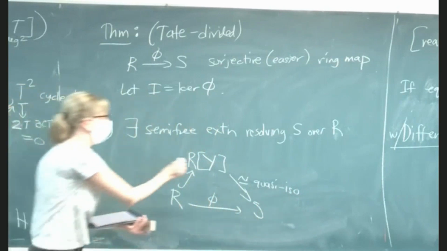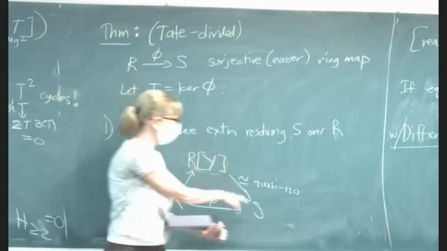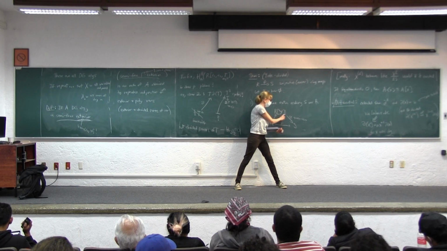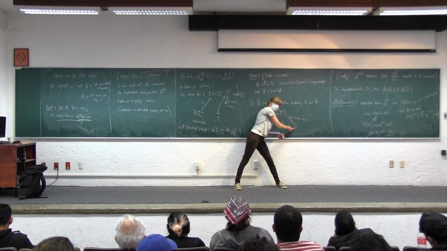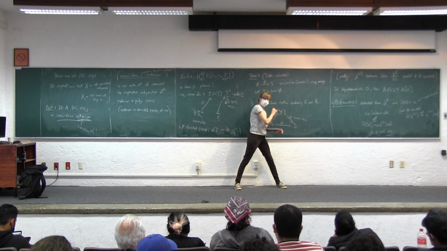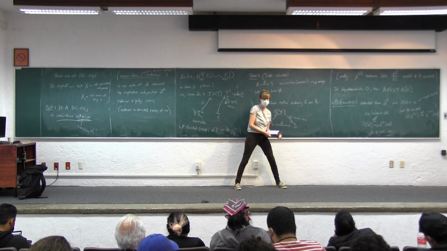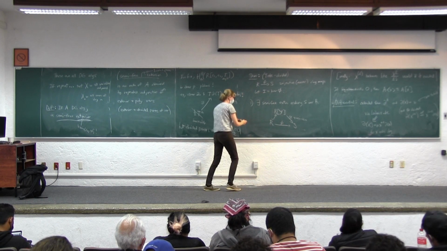So in other words, we built this thing, and it's a quasi-iso to this boring thing sitting in degree 0, which means in degree 0, the homology is S. And in degree positive, the homology is 0, so it's exact. So it's a resolution of S. Okay, that's just our usual notation for it.